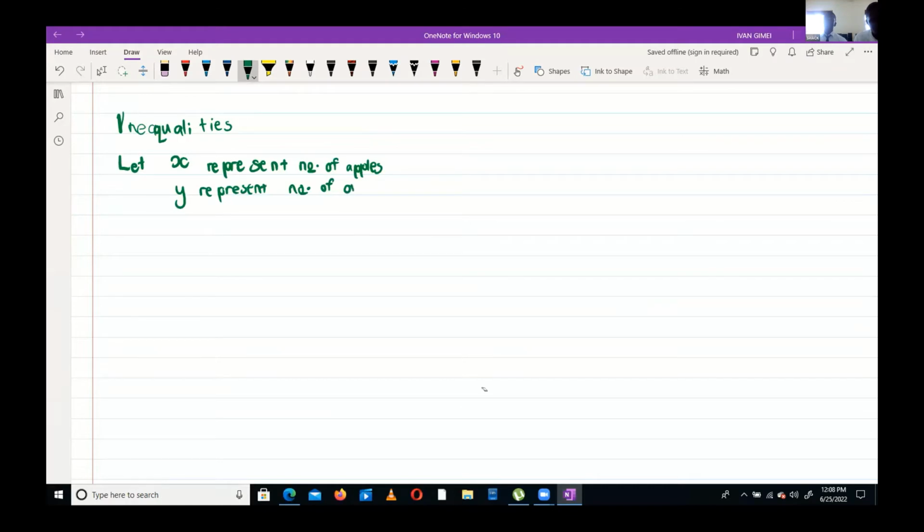So from our first statement, the portion where we extract the inequality, each orange is 250 shillings and each apple is 500 shillings. But then she's given only 2,000 shillings to spend, which means she cannot spend more than what she has.